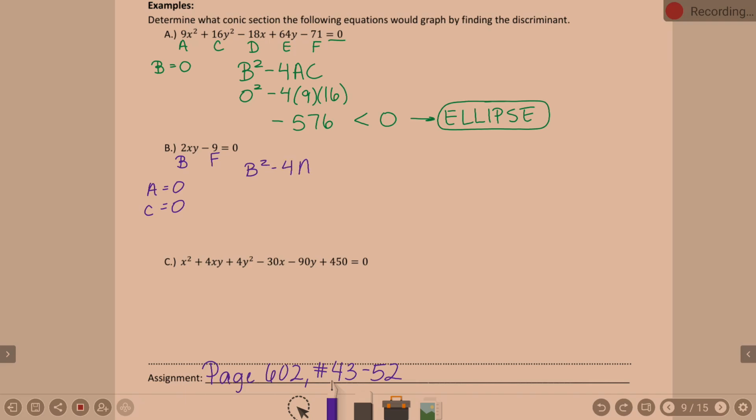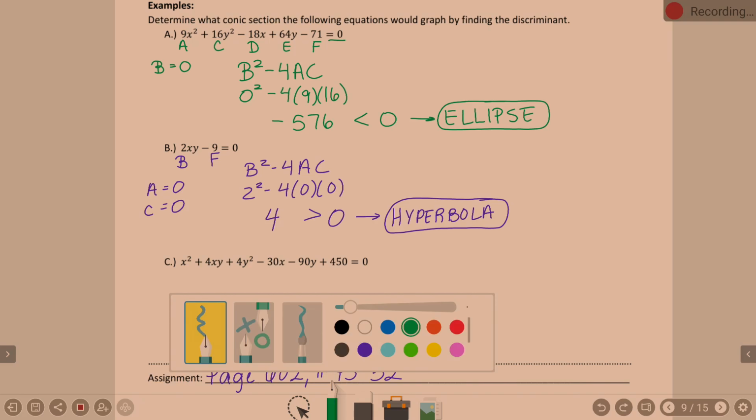B squared minus 4AC. 2 squared minus 4 times 0 times 0, which is? Okay. 2 squared is 4. We know 4 is greater than 0, or in other words, it's positive. So it is a hyperbola. So by process of elimination, we don't even have to solve the next one. We'll still do the math, but you guys know how I teach.